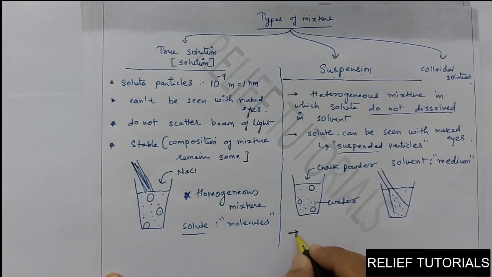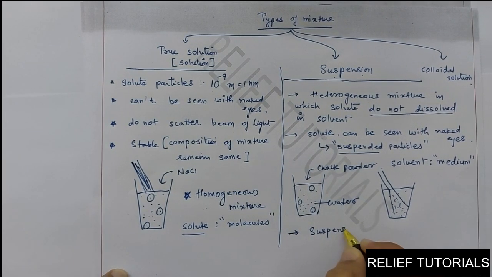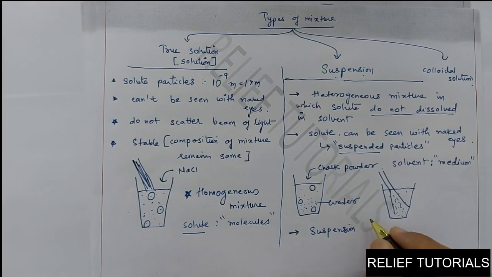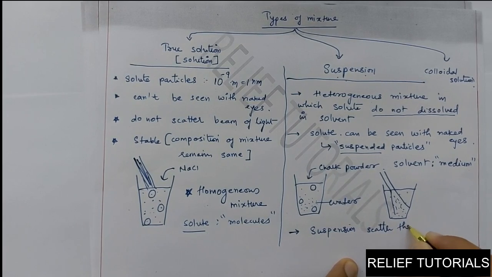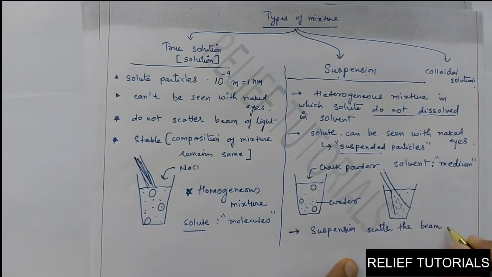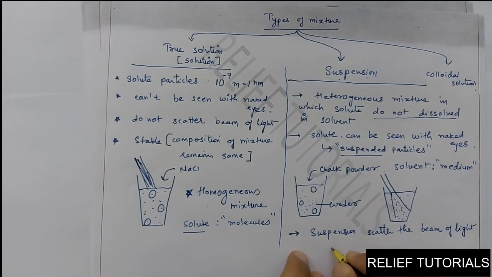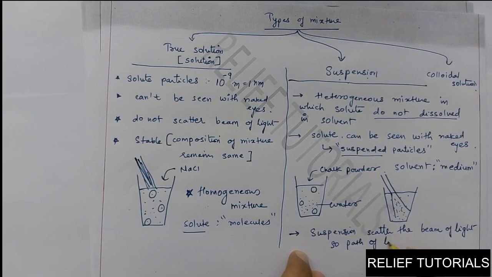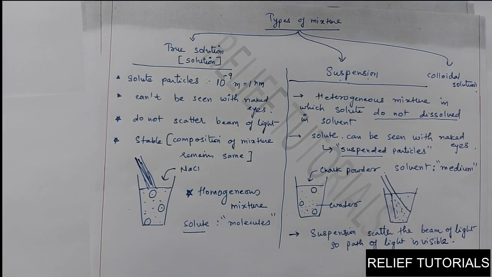So what we can write next is the suspension scatter the beam of light, so path of light is visible.